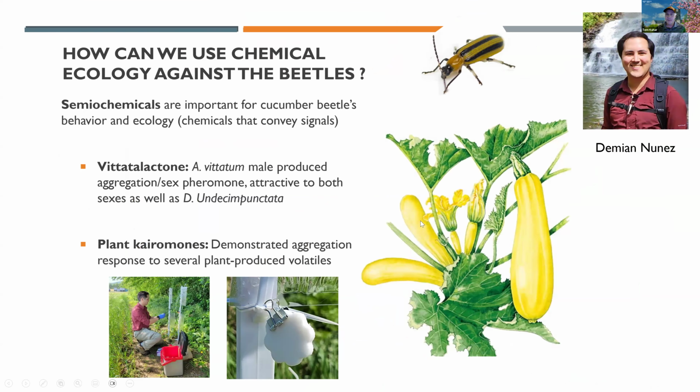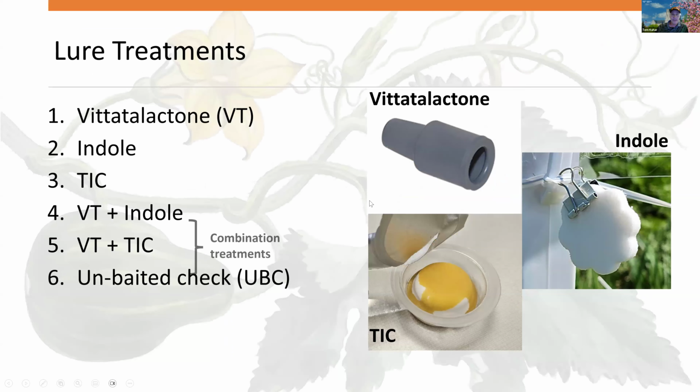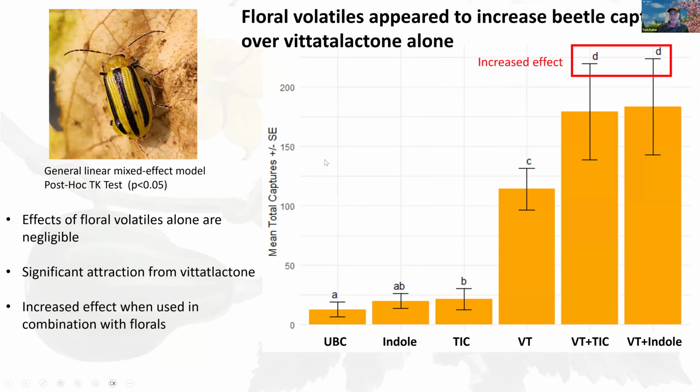So there's my student, Demian Nunez, working on his PhD, and he is working on this. And he has looked at can you enhance vittatalactone with some of these plant compounds and make it even stronger? Kind of have a one-two punch. And the answer to that is yes.